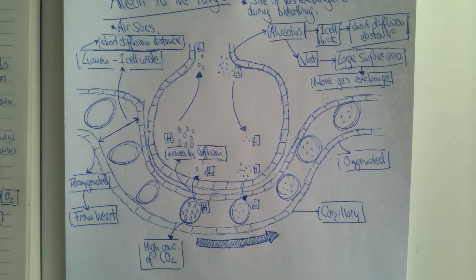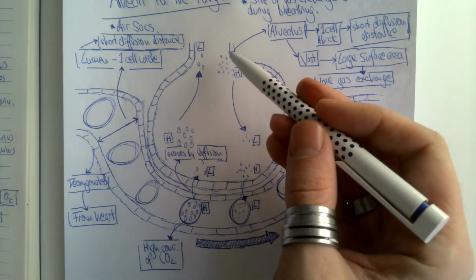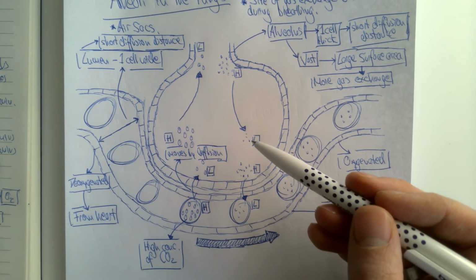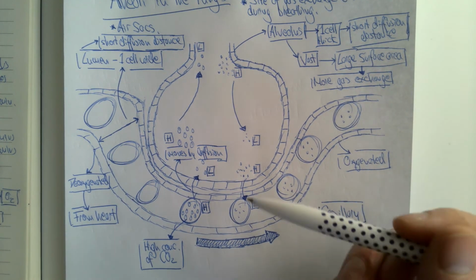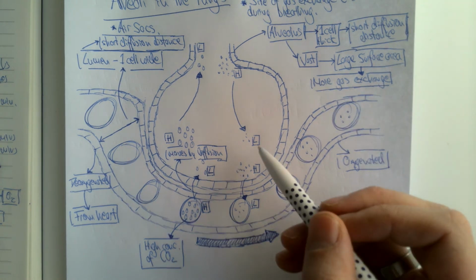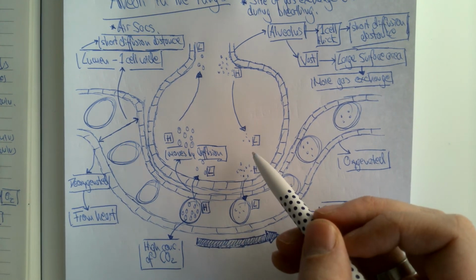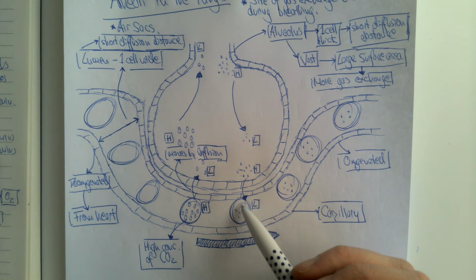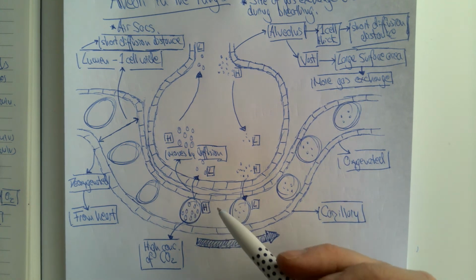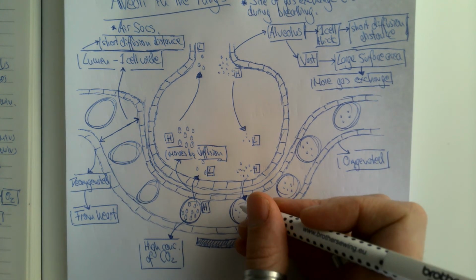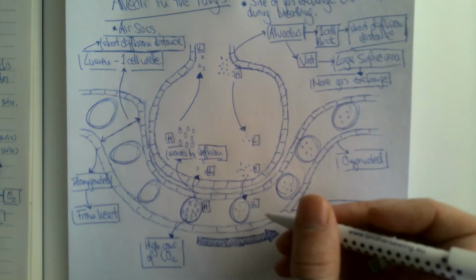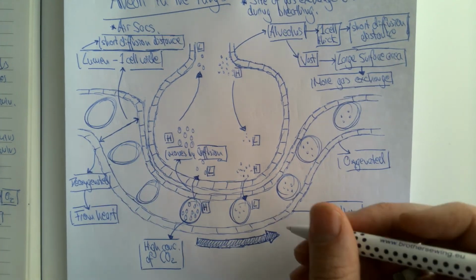And the same principle applies to where the lungs have brought in air from the external environment. It's got a larger quantity of oxygen in it than the blood has at this point because this is deoxygenated blood. So it means that the oxygen can also move by diffusion.